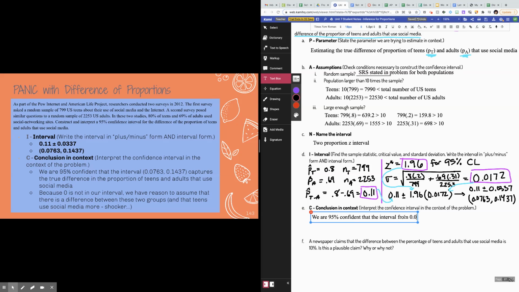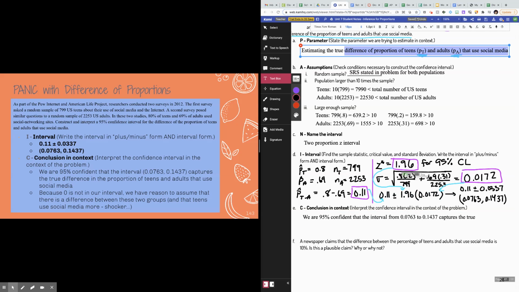So from 0.0763 to 0.1437 captures the true, and then just write out exactly what you wrote for the parameter part. That's part of the reason why I have to write the parameter part out.